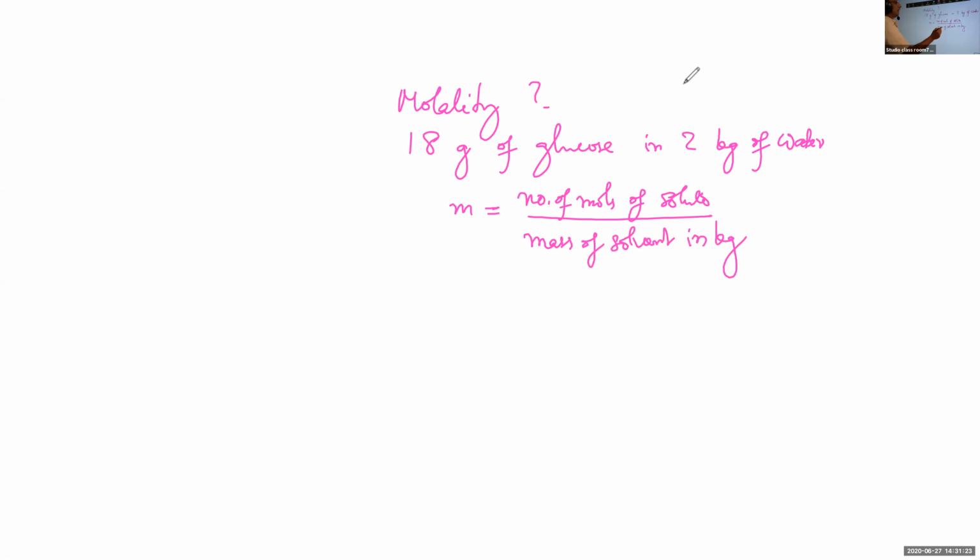Here the mass of the solvent is given in kilogram, 2 kilogram. But the mass of the solute glucose is given, not the number of moles. So you convert that into the number of moles. How to get it? Number of moles is equal to mass in gram by molar mass.